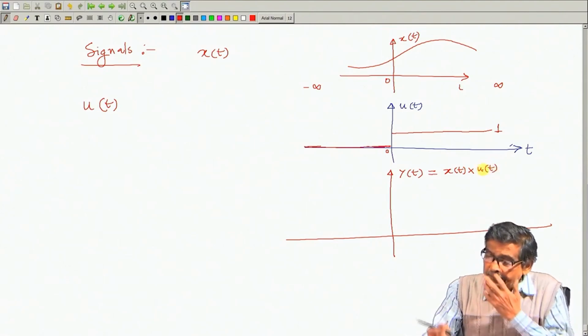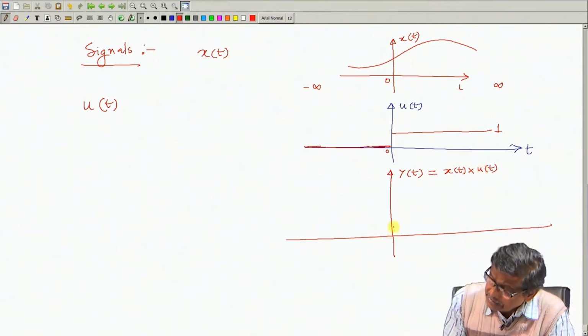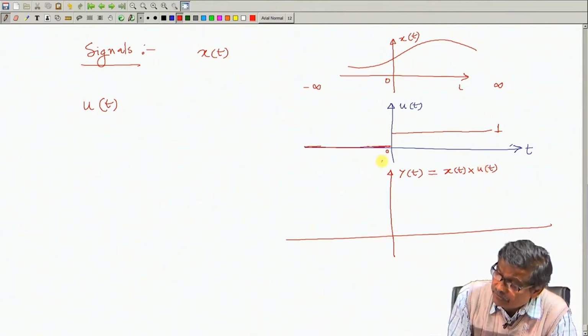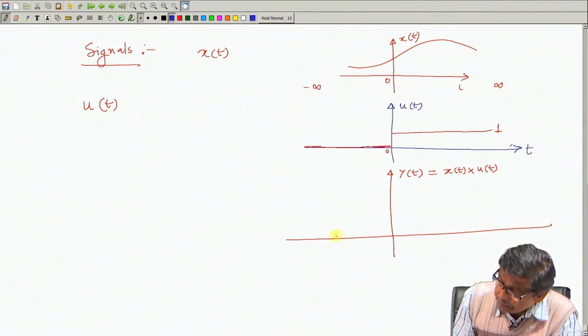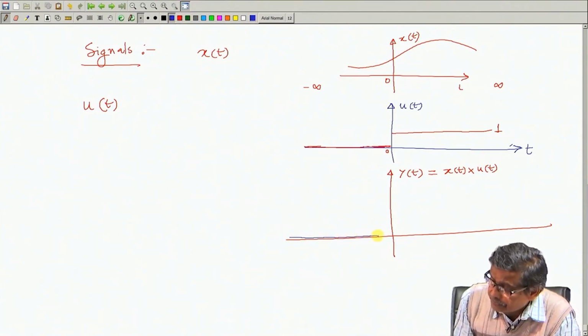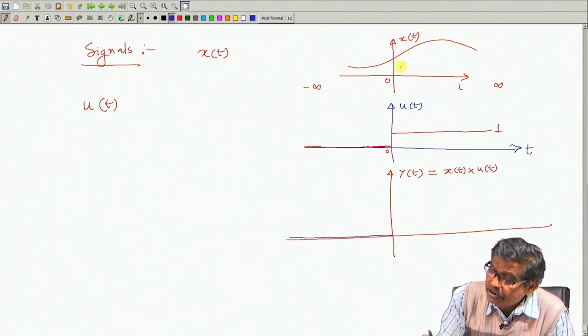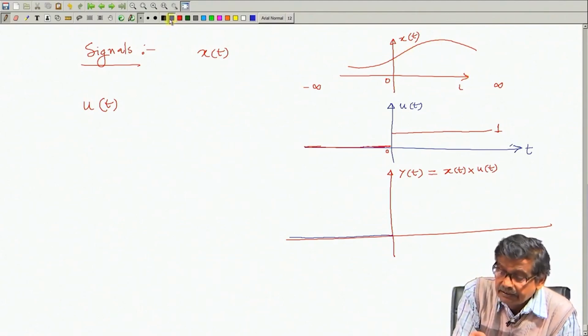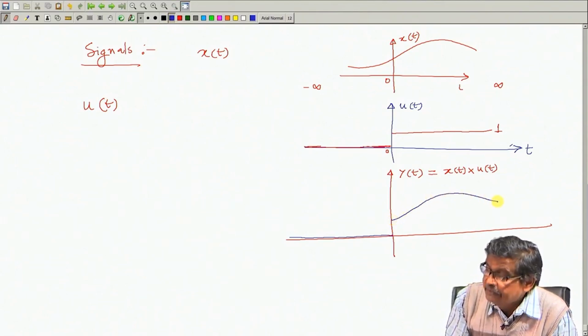If you multiply any function x(t) which is otherwise existing like this, then for t less than 0 it is 0 into all these things, so it will be a flat 0 there. But for t greater than 0, these ordinates get multiplied with 1 and the signal will be just like this.